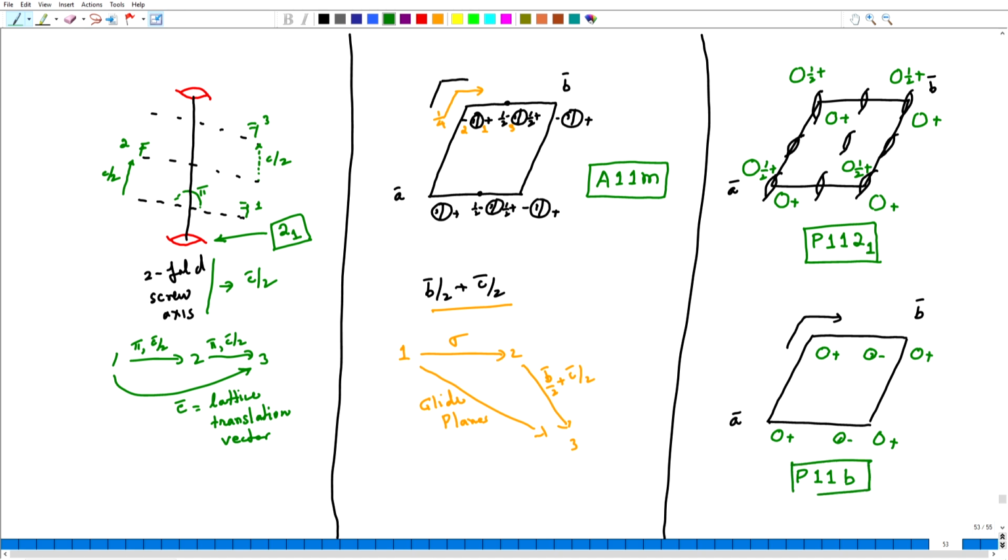So, small b indicates B glide. Whenever you see these small letters like A, then it will be in the direction of A, C in the direction of C. There will be other symbols as well like N, you might even see an N glide. We will discuss all that in the subsequent lectures.